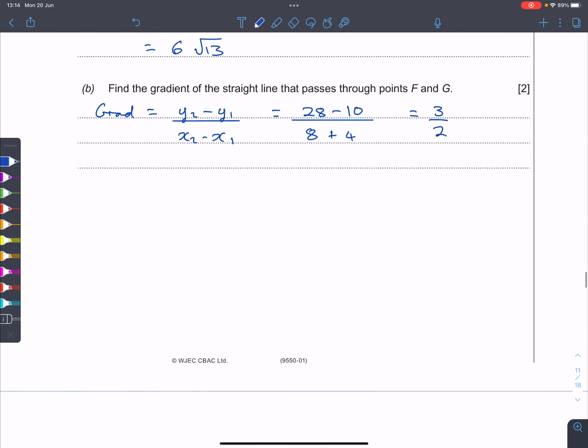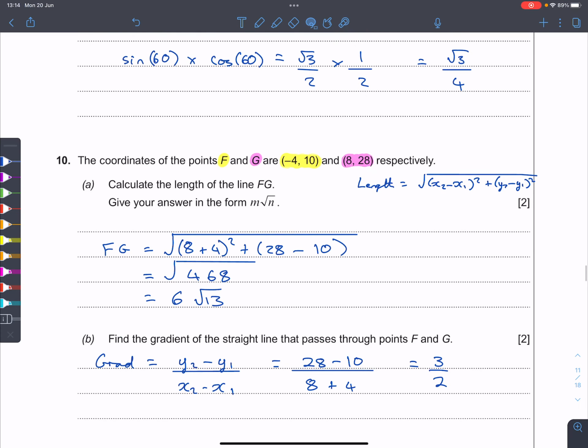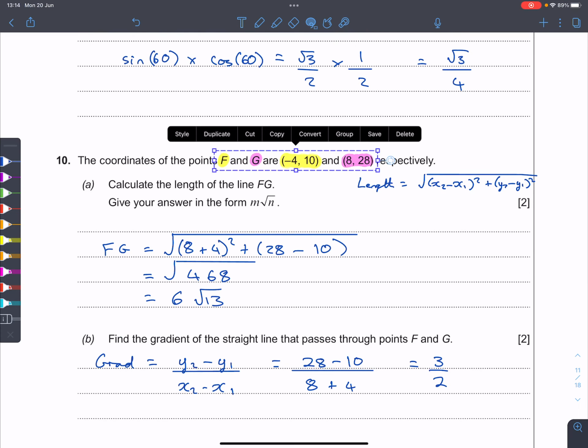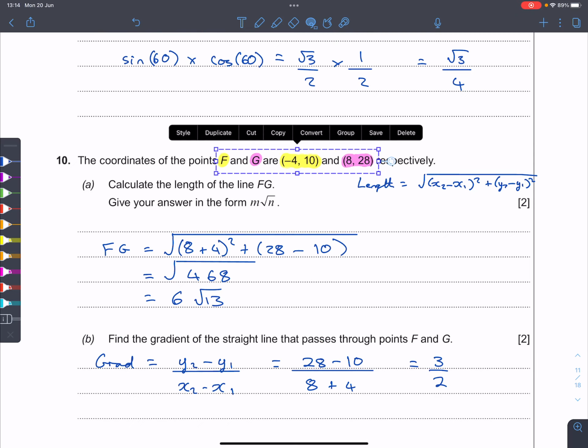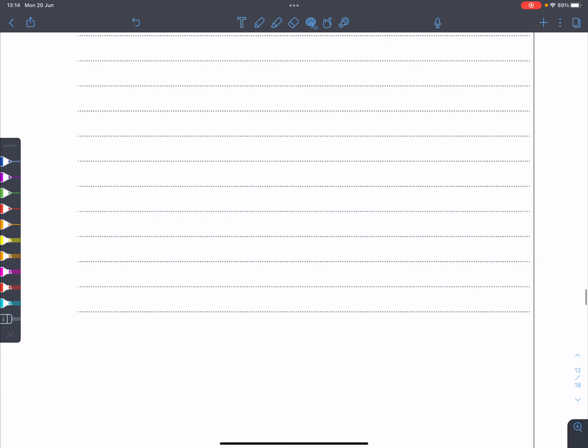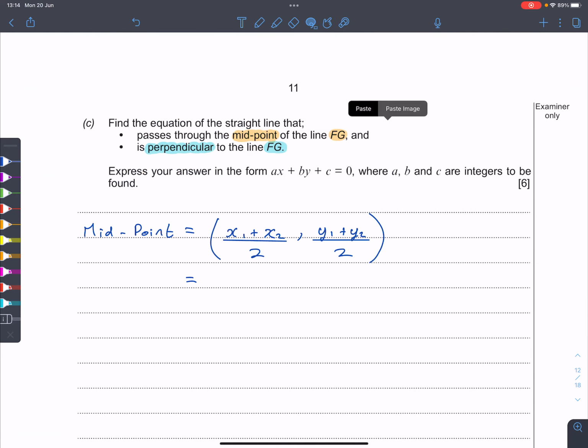So my F and my G, let me just copy this down. So I've got them. Okay, so I'm going to have x1, so -4 plus 8 over 2 for my x's.